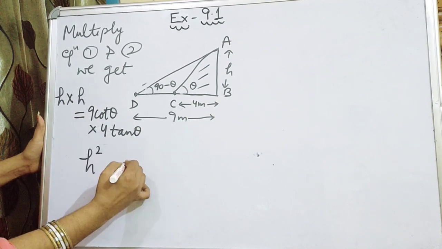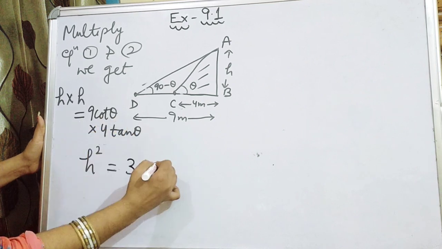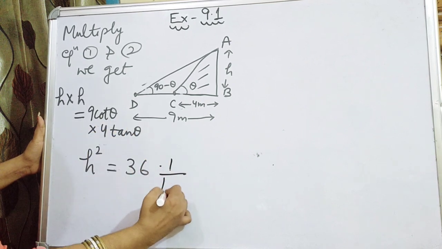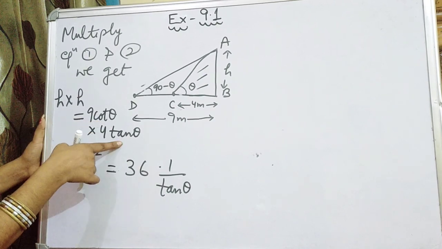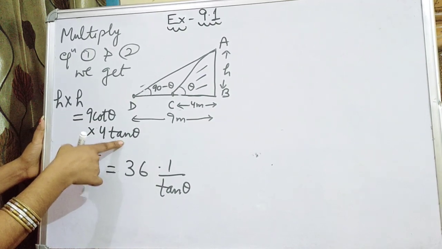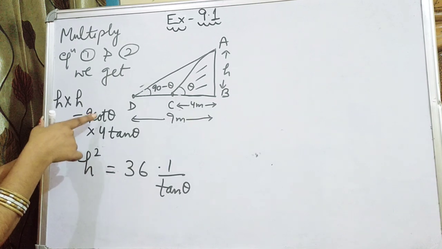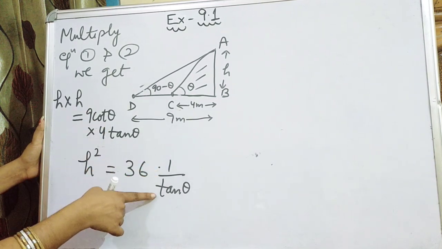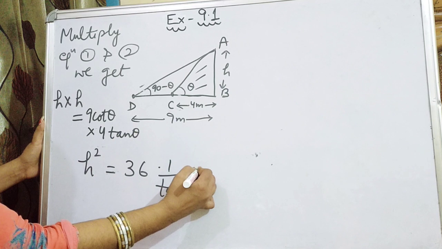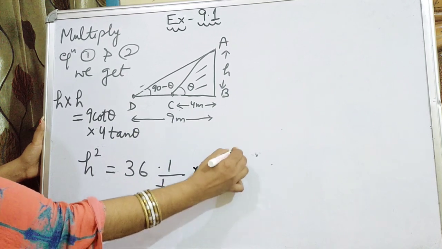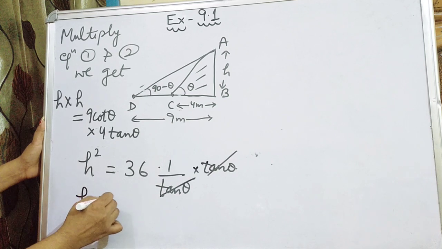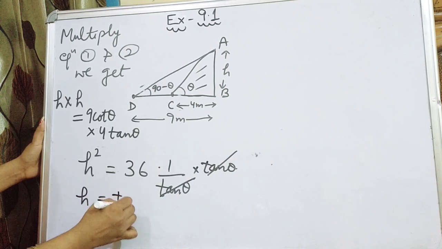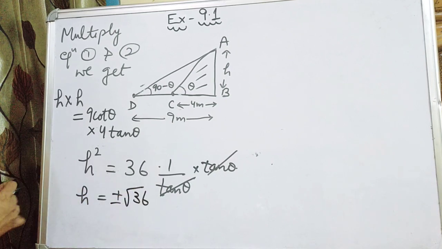Now h into h will be h square, and 9 fours are 36. Cot theta I can write as 1 by tan theta. You should know that cot theta is the reciprocal of tan theta and tan theta is the reciprocal of cot theta. So I can write cot theta as 1 by tan theta, and this is tan theta, so they cancel out. Now h square is 36, that means h is plus minus root 36.